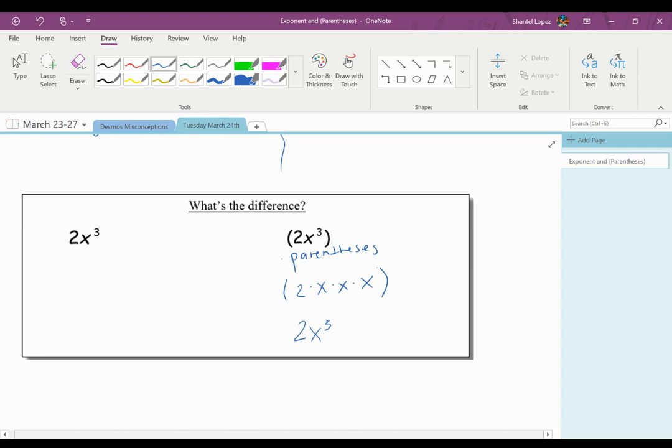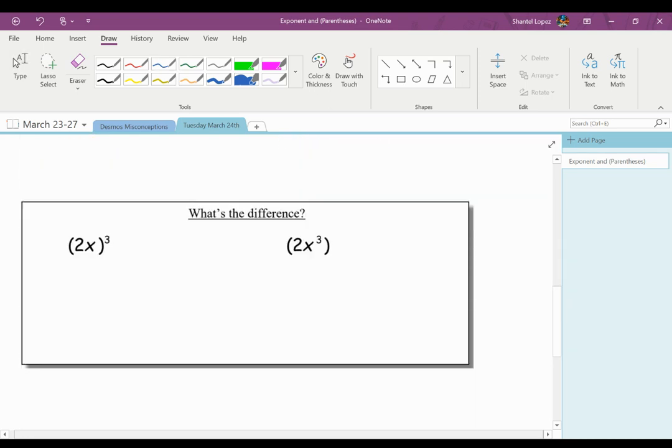So this would be 2 times x to the power of 3. Notice how I got the same answer for this one this time. But that's because the exponent here is only attached to x, and the exponent here is only attached to x. So they both have the same thing when it comes to where that exponent is attached.